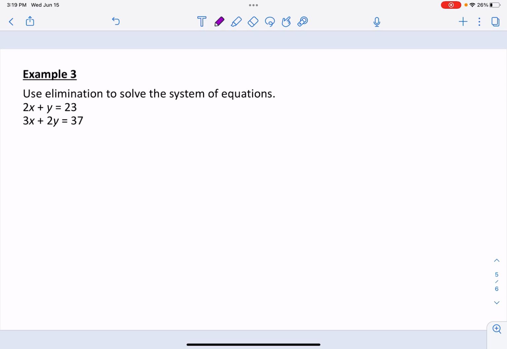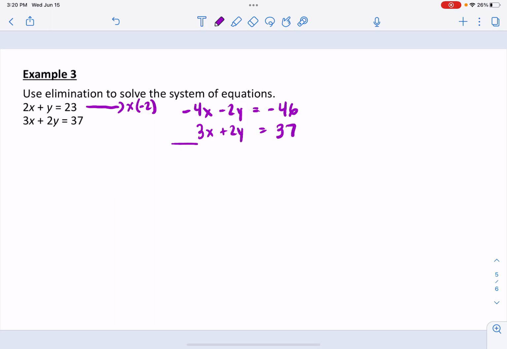So if you look at your y's, the coefficient of the y on the top is 1, the y on the bottom is 2. If I were to multiply everything in the top equation by negative 2, leaving the other one alone, now if I add those, the y's go away.